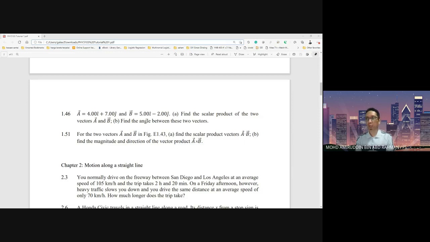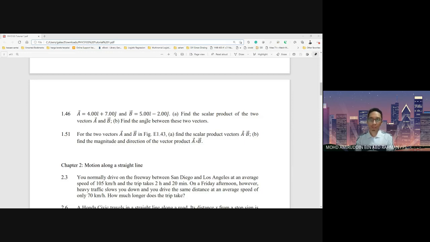Because A dot B you already obtained, AB cos phi equals 6, and then cos phi equals 6 over AB. So what is your A?